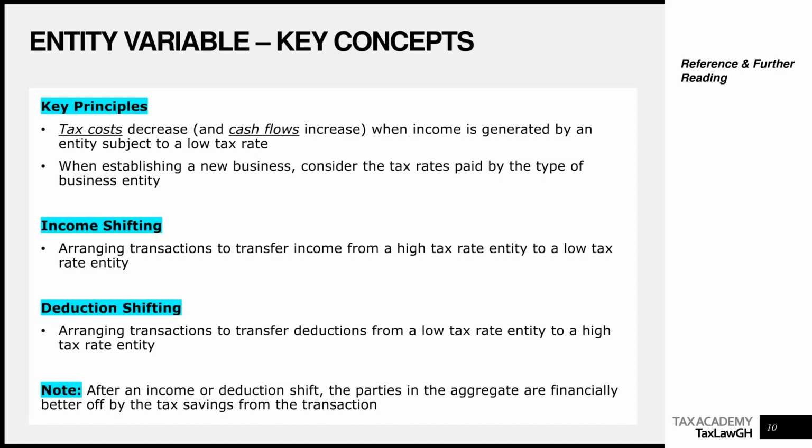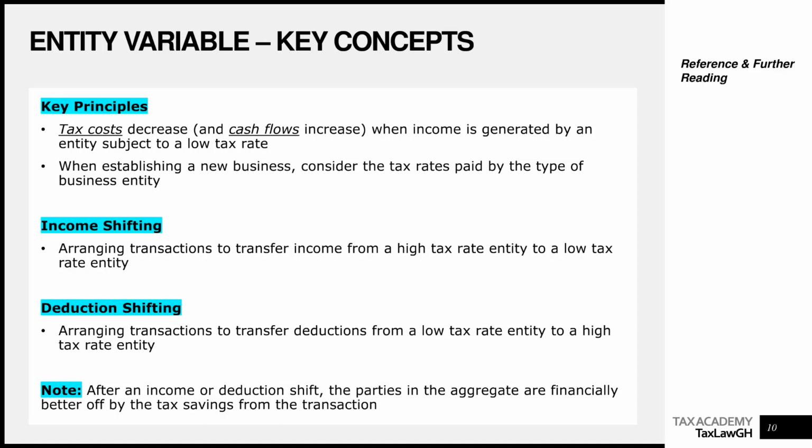We also have another concept called deduction shifting. What happens here? Here we are saying you arrange transactions to transfer your deductions from a low tax rate entity to a high tax rate entity. And what does this mean? Remember that if you have deductions and those deductions are allowable deductions under the law, let's say they are not domestic or excluded expenditure and they are allowable, those allowable deductions will end up reducing your taxable income, all things being equal.